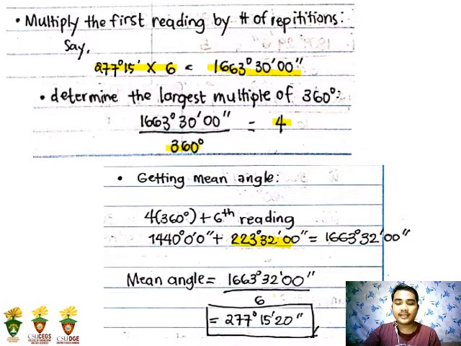Therefore, we have 1663.32 and 00 seconds. To get the mean, divide it by the number of repetitions, which in our example is six. Therefore, our exterior angle is 277 degrees, 15 minutes, and 20 seconds.